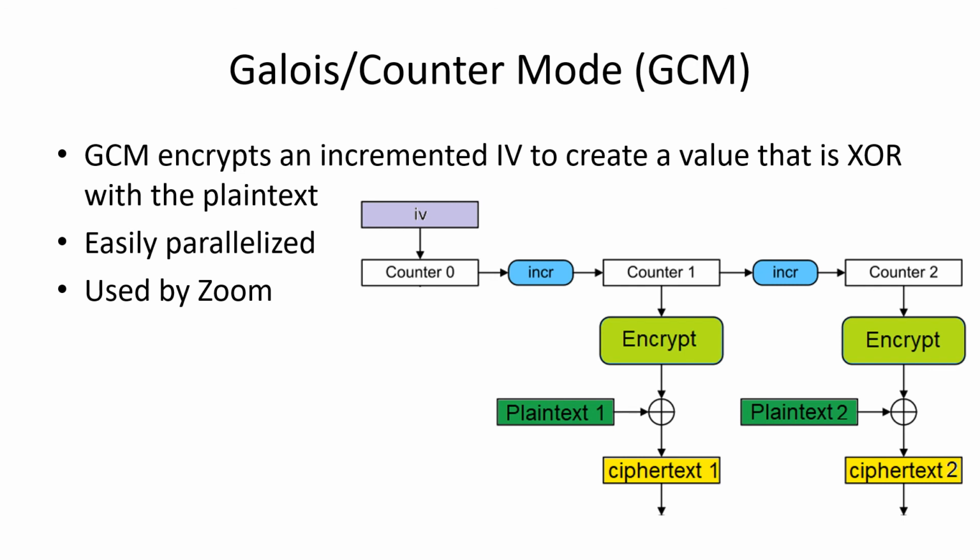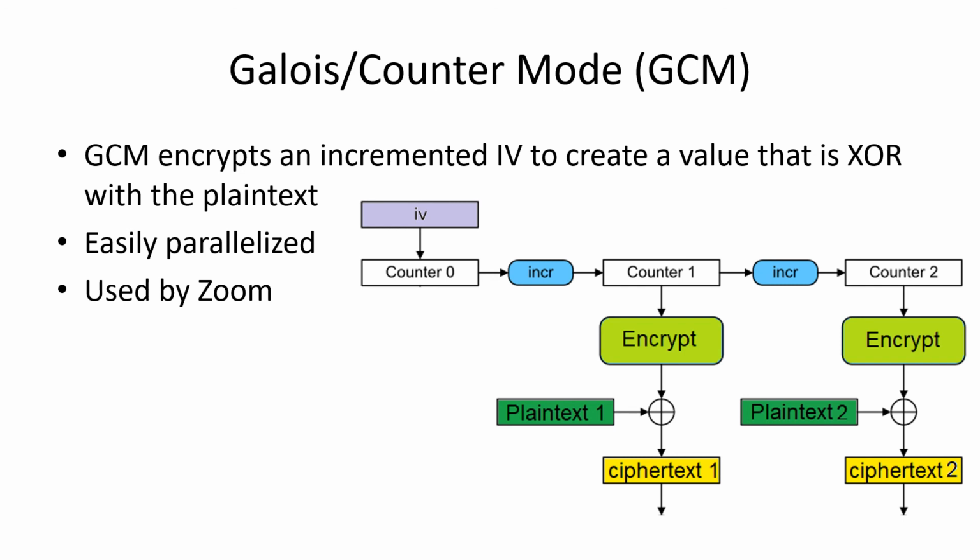This is somewhat interesting in that instead of directly encrypting the plain text, it takes a counter initialization value, initializes the counter, and then you increment that counter for every value, and you encrypt the counter with the appropriate key, and out comes an encrypted version of the counter, which you exclusive OR with the plain text, and that gives you the ciphertext. For the next block, you have incremented that counter, and then you encrypt the incremented counter, and again, exclusive OR the plain text with the result, and so forth and so forth.